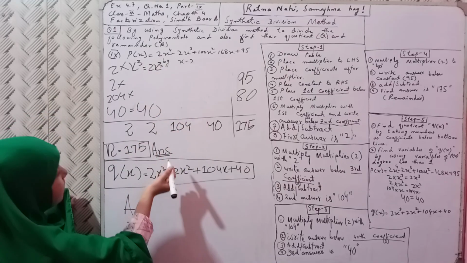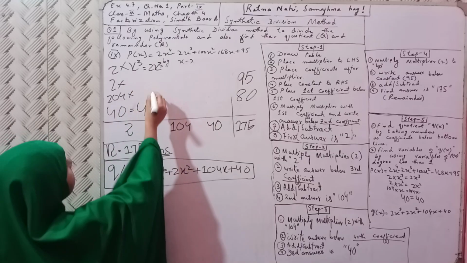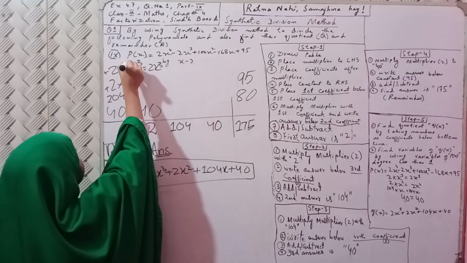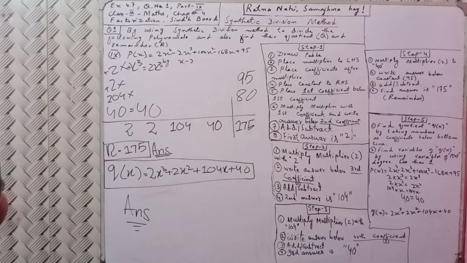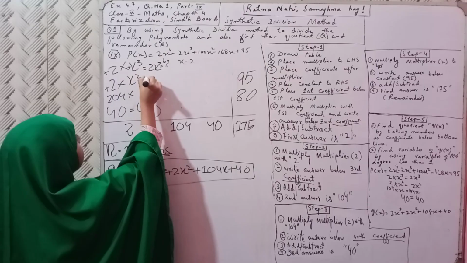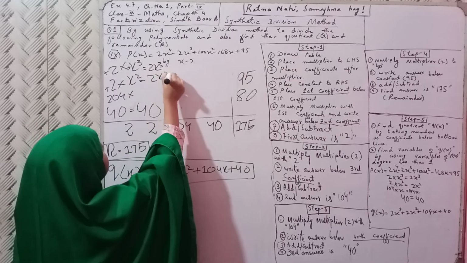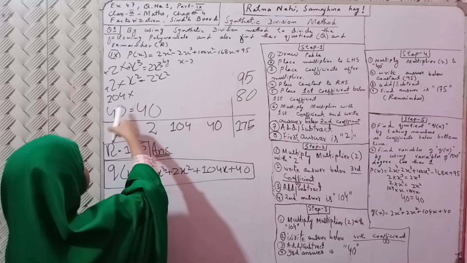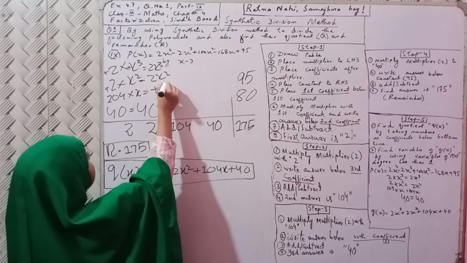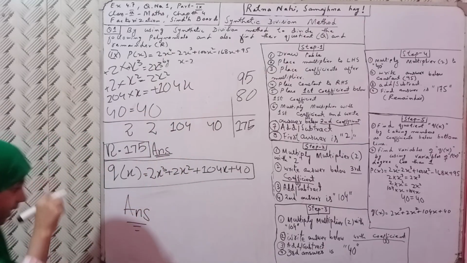This is plus 2x square, and plus 104x, plus 40. Understood?